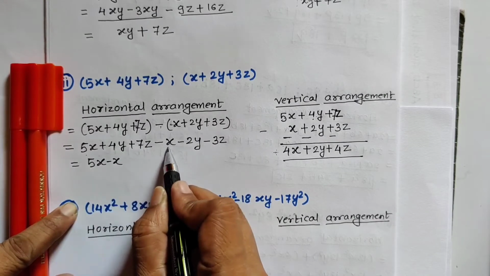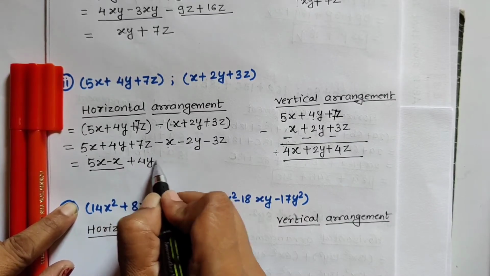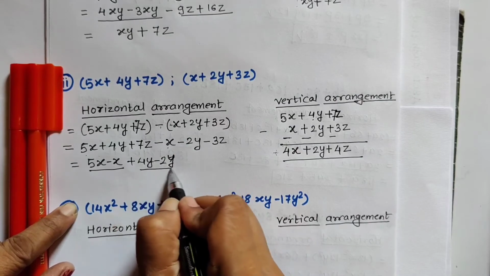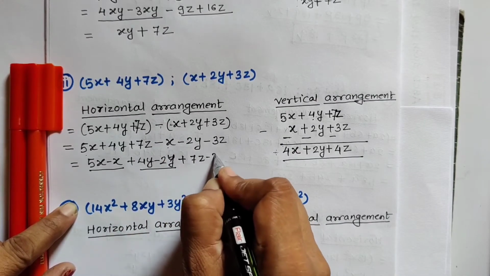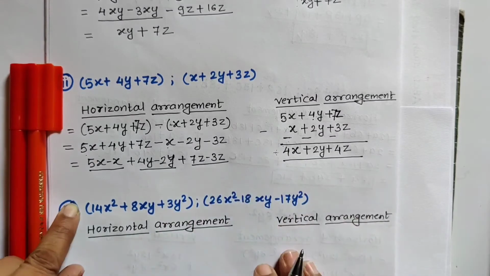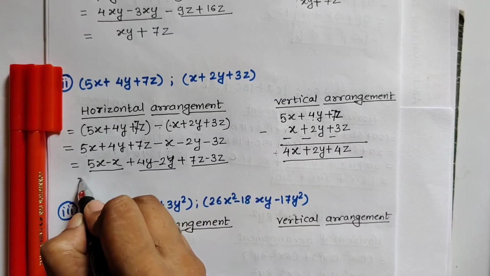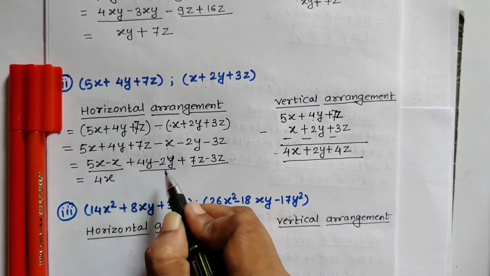Now the next step is to write the like terms together. So 5x minus x together, plus 4y minus 2y together, plus 7z minus 3z together. Now solve. Plus 5x minus 1x, 5 minus 1, 4x.